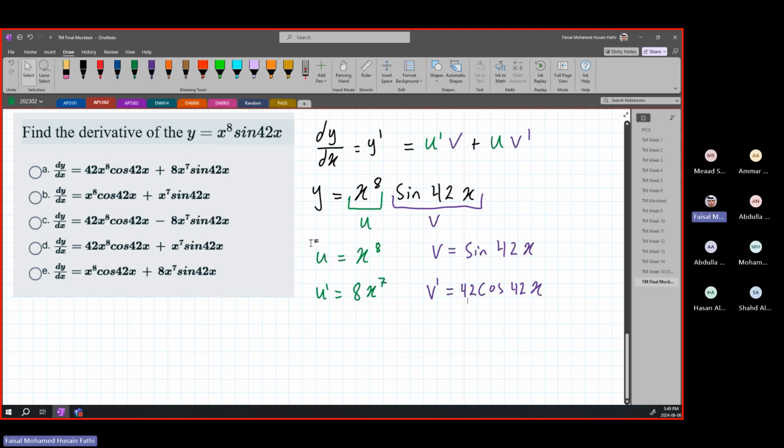So this is your first step, finding your u and v, and then finding the differentiation of both. Now we can plug it back into this equation.